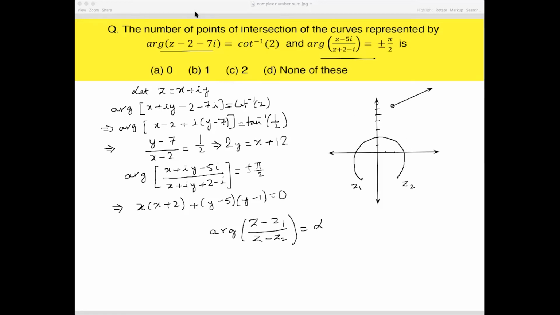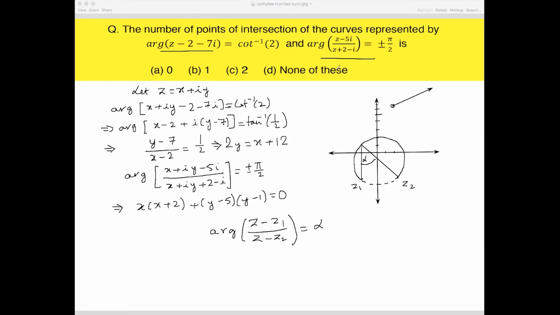And any angle in this segment will be alpha. Mind it, we don't complete the entire circle. This part is not included here.